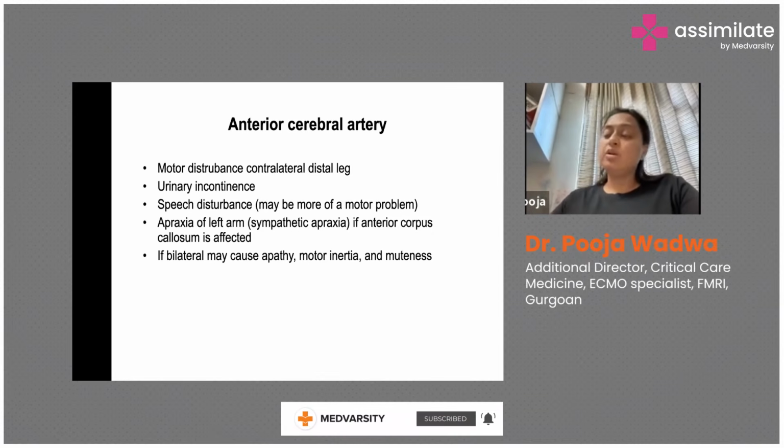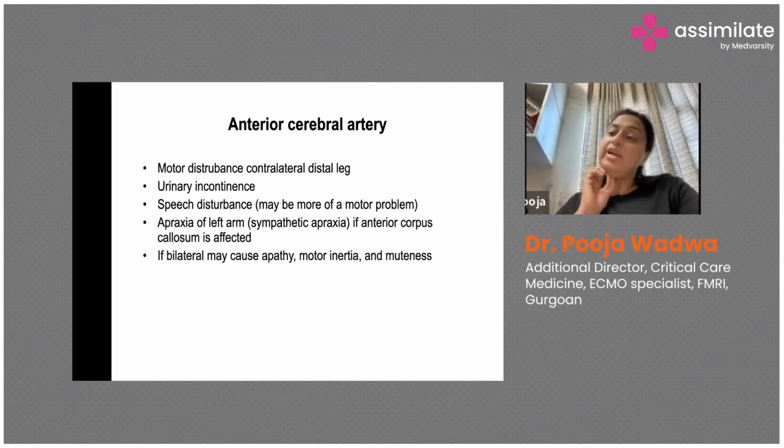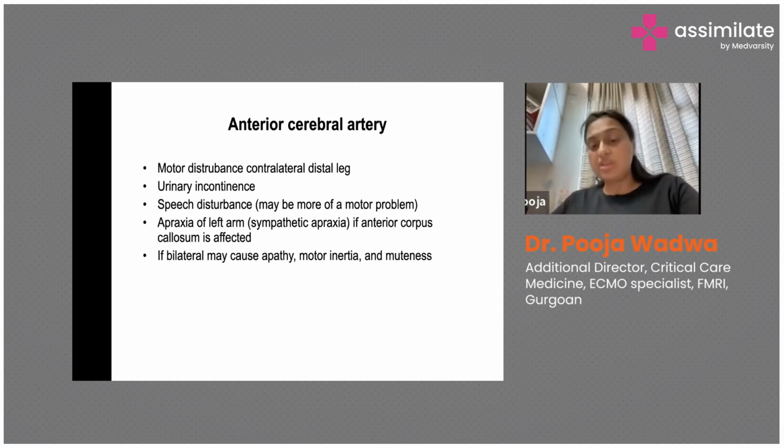So depending on which area of the body is involved, you can diagnose clinically which area of the brain is involved. Now, if both anterior cerebral artery areas are involved, then it may cause apathy, motor inertia, and muteness. Next.